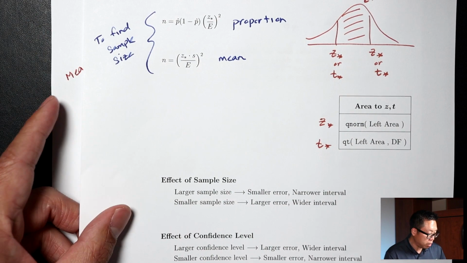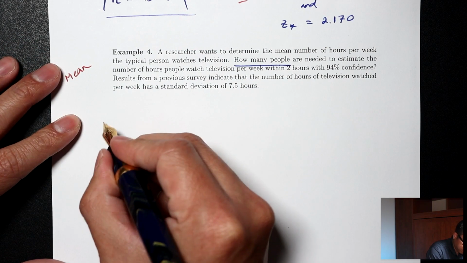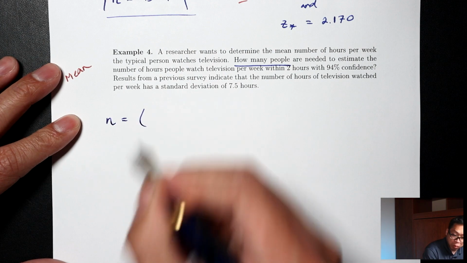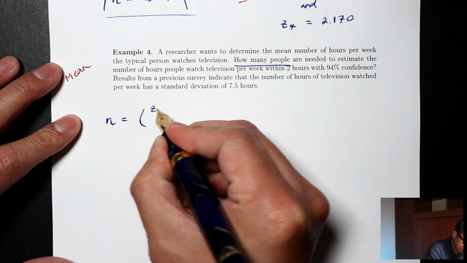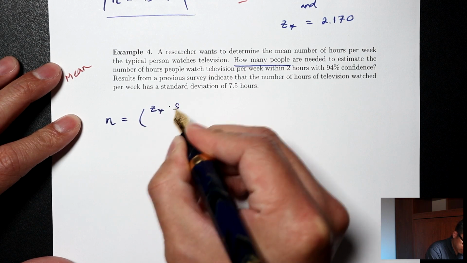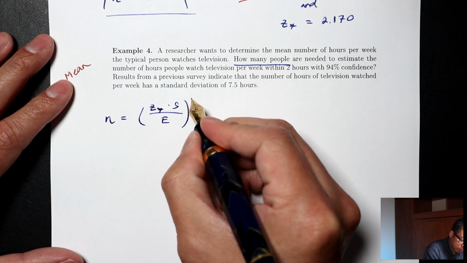So n equals, in parentheses, z star times s over e. And then don't forget the square. There's a square also.